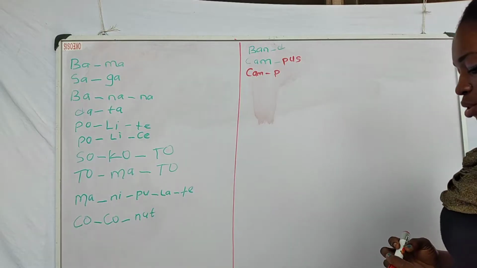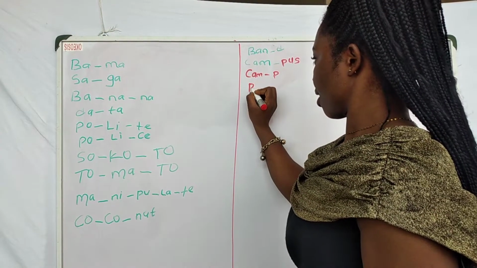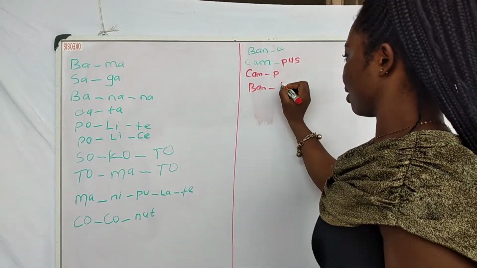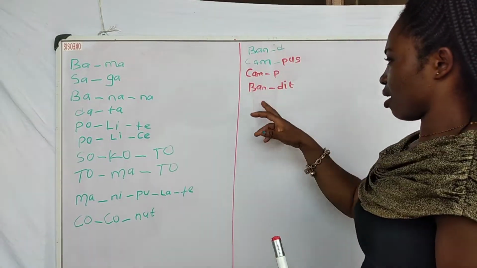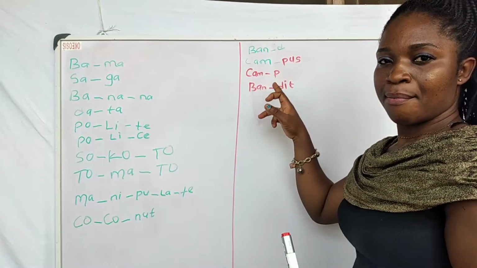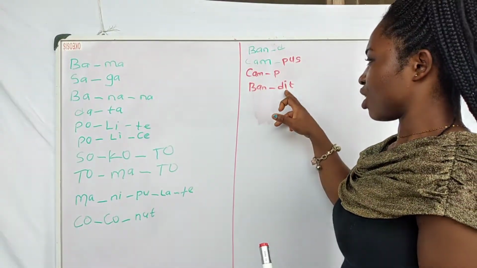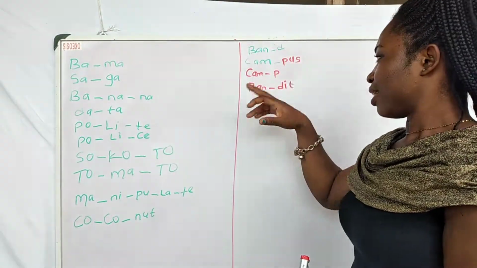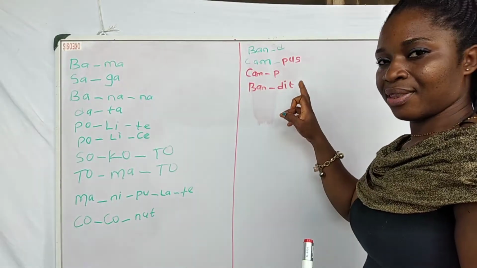Maybe we can do B-A-N. Let's add D-I-T. This is bandit. This D-I is D on its own, D, that is the I, with T, dit, bandit.